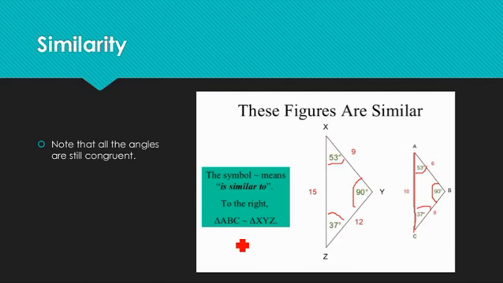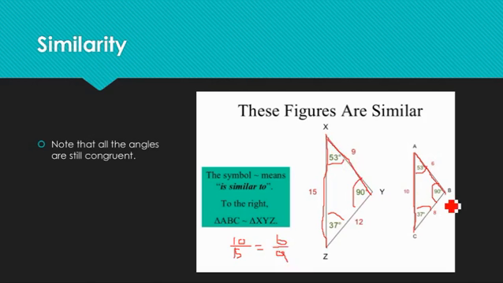So 10/15 is the ratio of side AC to side XZ. And that ratio is equal to the side AB to the length of side XY, which is 6/9. Which all of these are going to equal 2/3.